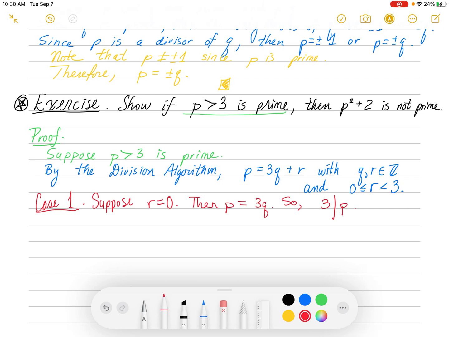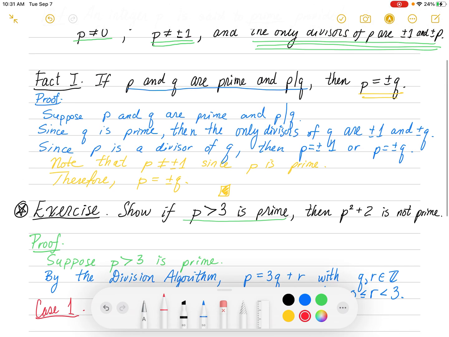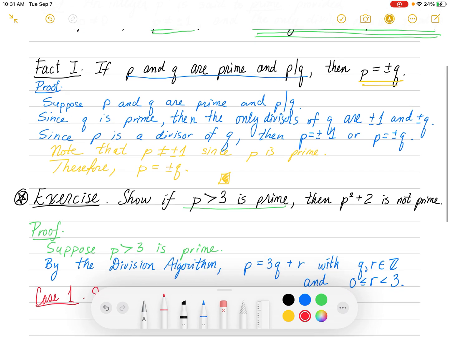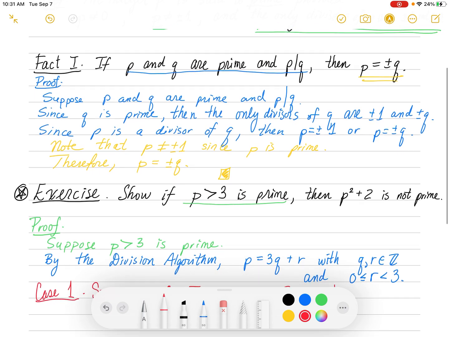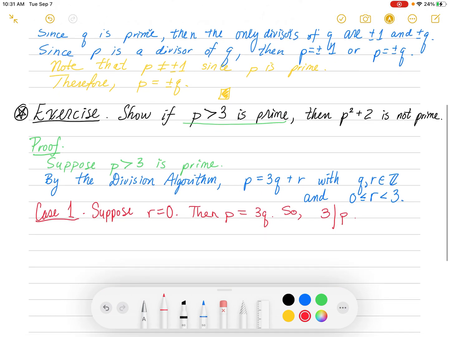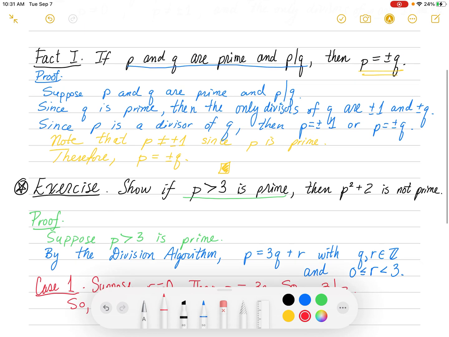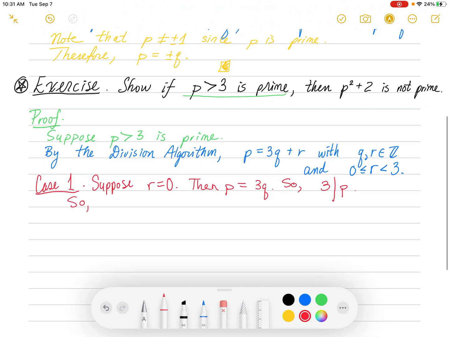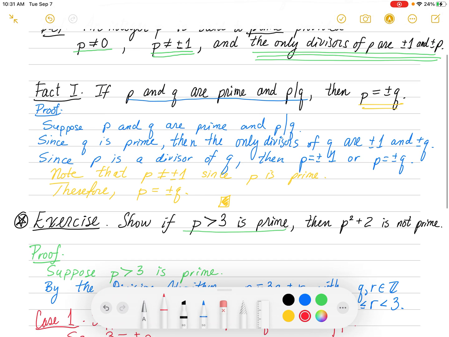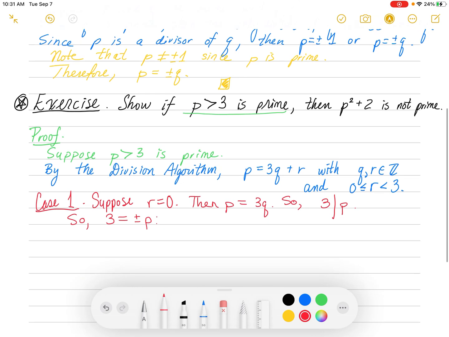But by our fact, remember we just had a fact, if a prime divides a prime, then the dividing prime must be plus or minus the other prime. So that means 3 equals plus or minus P, by fact 1.